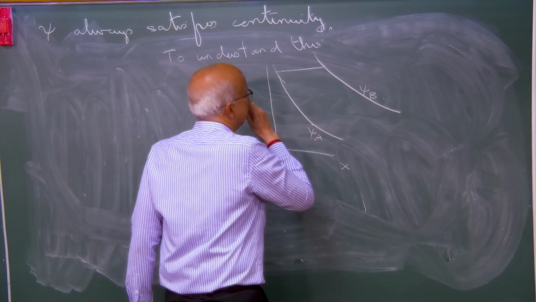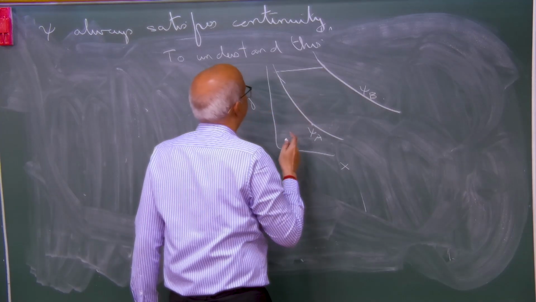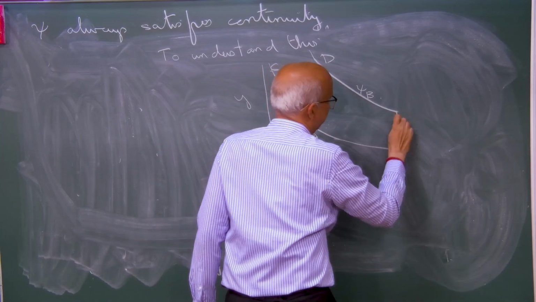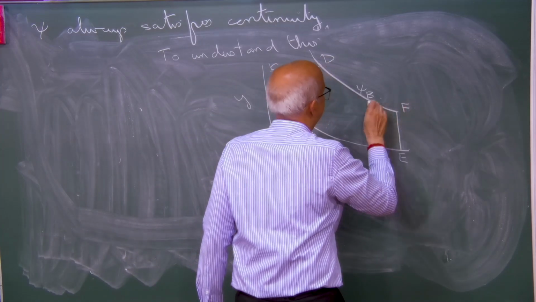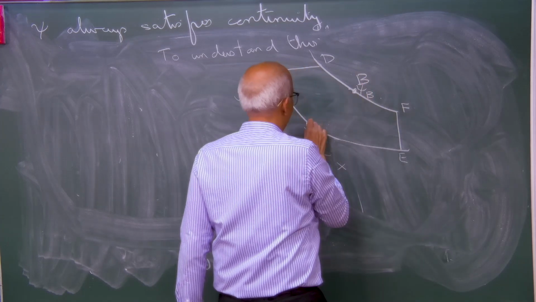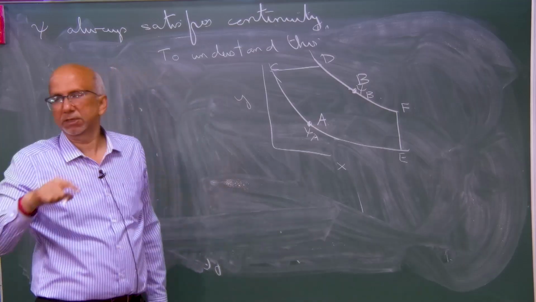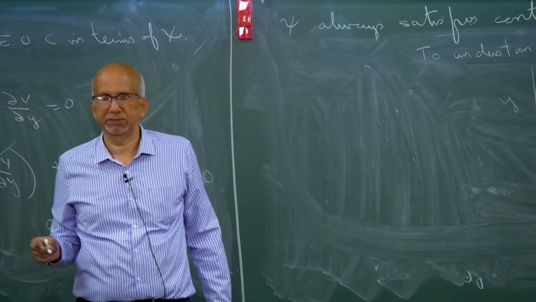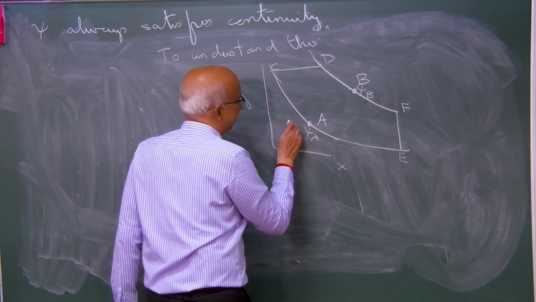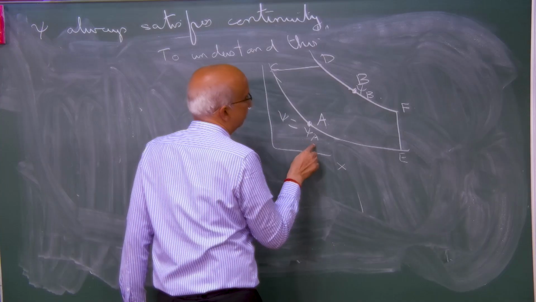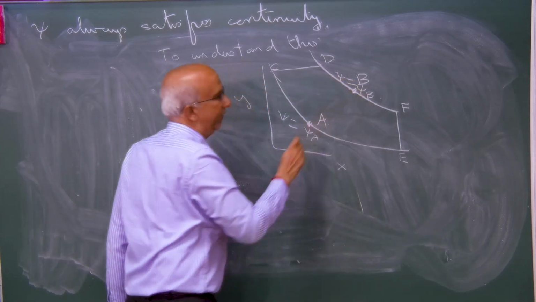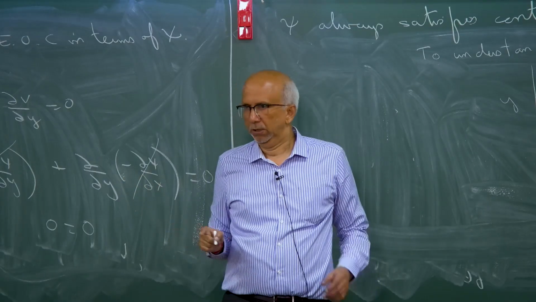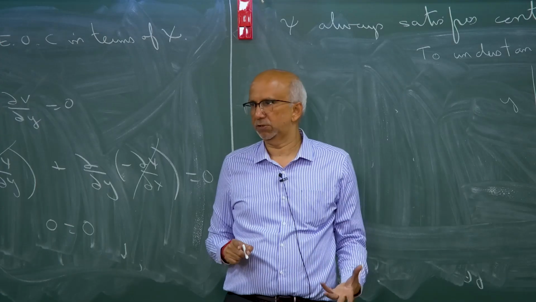Let us say the points are C and D, and I am drawing this EF. So, this is the point B, this is the point A. On the streamline passing through A, the constant value of psi is psi A. And psi equals psi B, another constant, on the curve going through B.